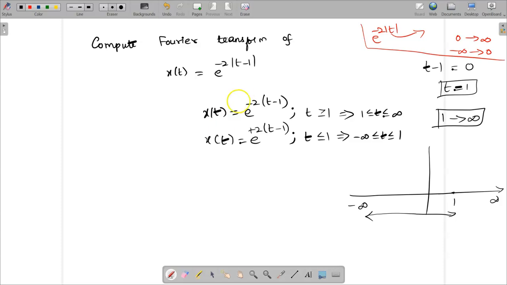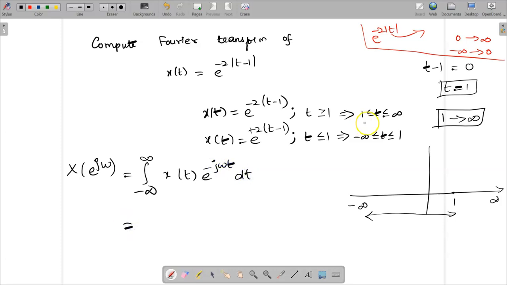Once we have understood all these things, we can apply the Fourier transform formula. What is the general formula for Fourier transform? It is X of e power j omega, which is given by the integral from minus infinite to infinite of x of t e power minus j omega t dt.